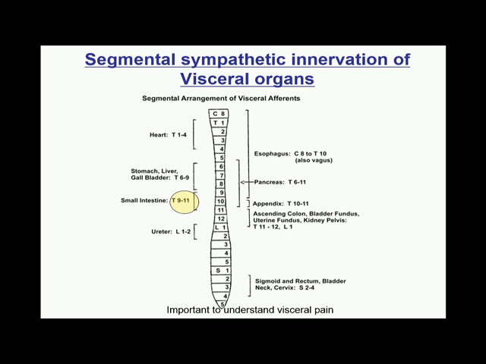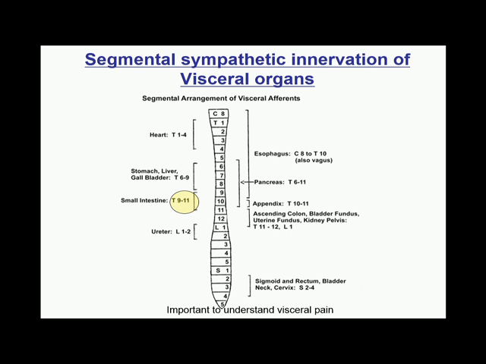Same thing applies to the GIT. T5 to T9 roughly innervates the foregut, T10, 11, and probably 12 supply the midgut, and then T12, L1, and L2 supply the hindgut.